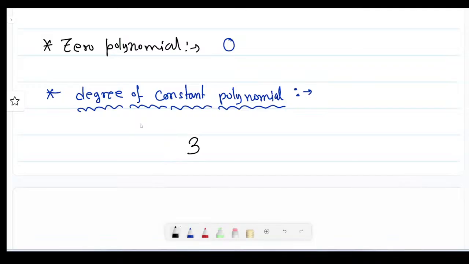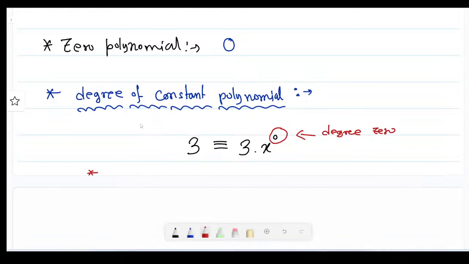So is this a polynomial? Yes, this is a polynomial. So now you have to check what is the degree of x. There is no x. So we can write 3 as 3 multiplied by x to the power 0. You can write 3 like this. So here we get a variable x, but the power is 0. So the degree of this polynomial is 0.